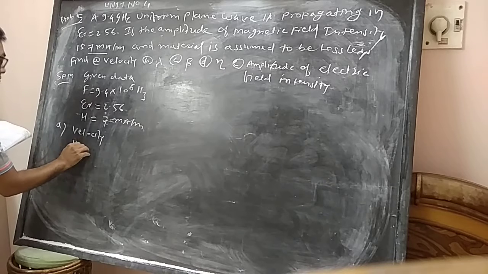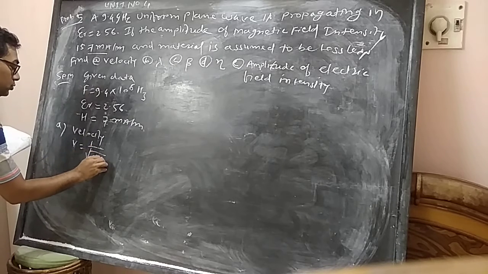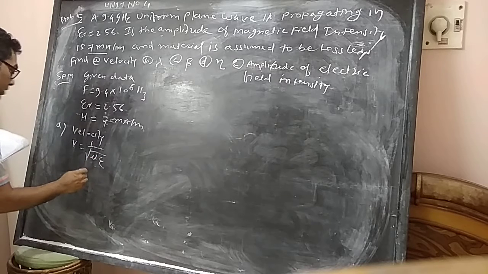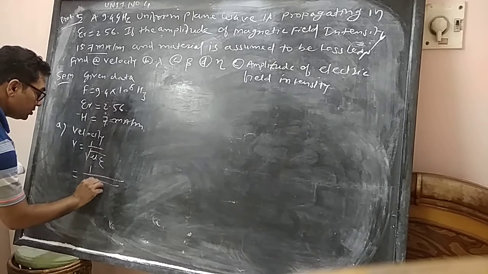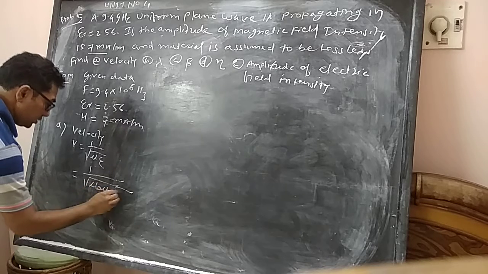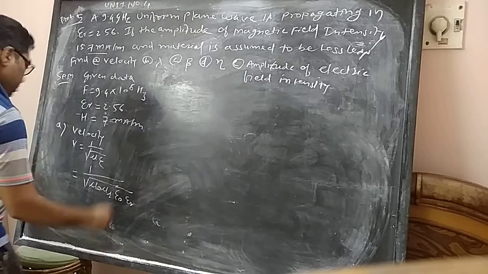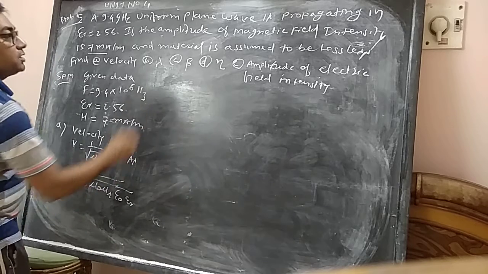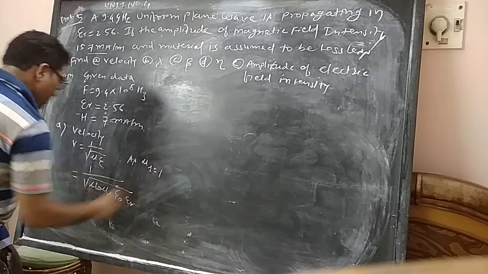So the velocity formula is v equal to 1 over under root of mu epsilon. As we know, mu is mu 0 mu r, and epsilon is epsilon 0 epsilon r. Here, as the material is lossless, assume that mu r equal to 1.